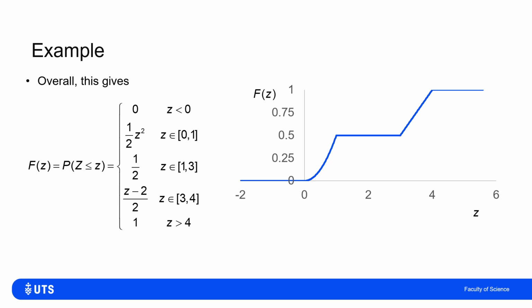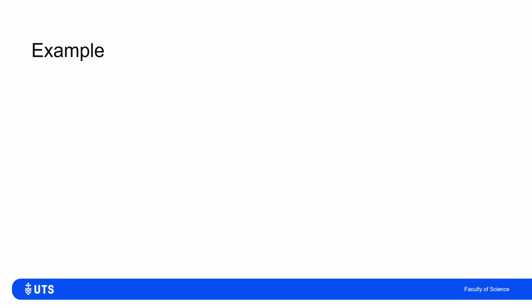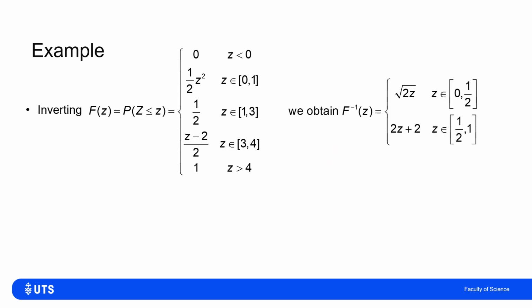So again, I could simulate realizations from this crazy distribution by drawing points uniformly between 0 and 1 and reading off where they were. Now, inverting this function is not easy, but if I look at the 2 regions where I could simulate an outcome, i.e. between 0 and 1 or between 3 and 4.